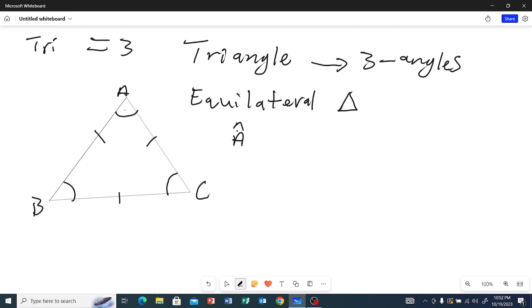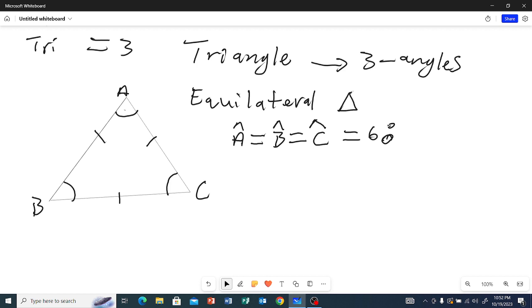We show it this way. This cap at the top of A shows that we're talking about an angle. Angle A is equal to angle B, which is equal to angle C, which is equal to 60 degrees.